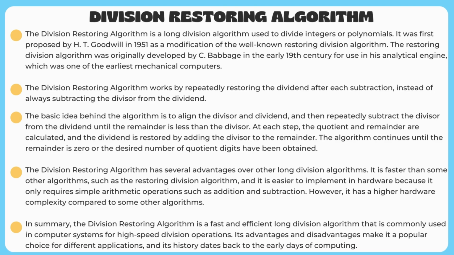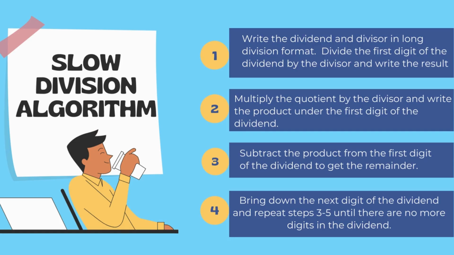In summary, the division restoring algorithm is a fast and efficient long division algorithm that is commonly used in computer systems for high speed division operations. Its advantages and disadvantages make it a popular choice for different applications, and its history dates back to the early days of computing.